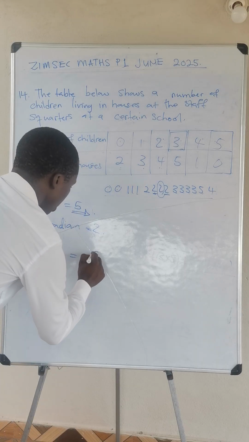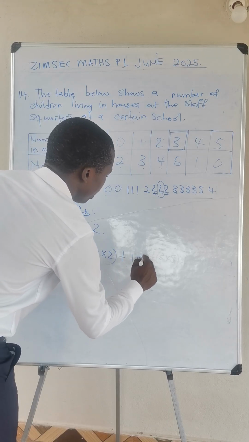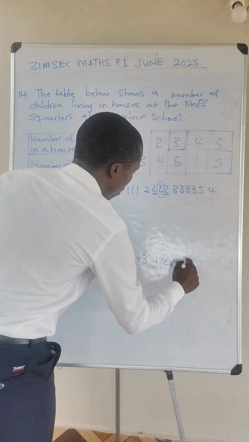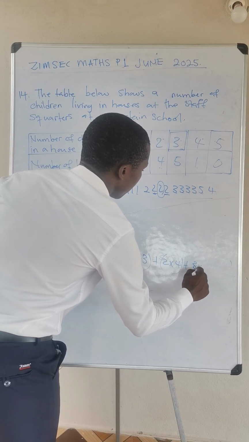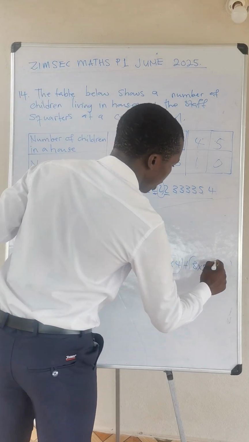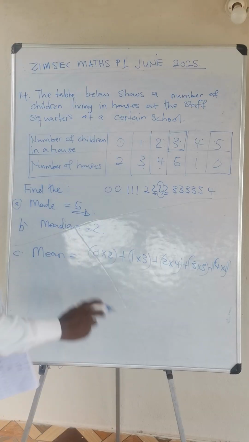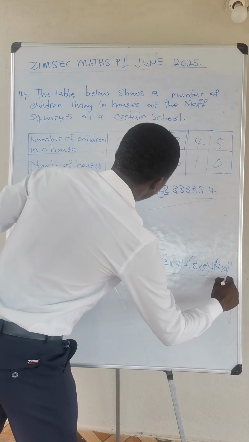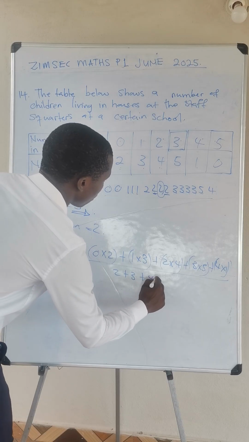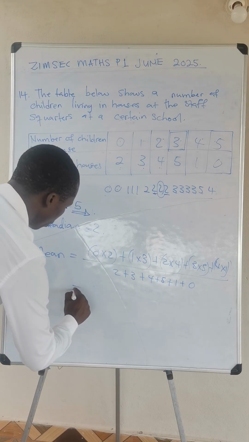So here we say 0 by 2 plus 1 by 3 plus 2 by 4 plus 3 by 5 plus 4 by 1, then 5 by 0 is automatically 0, over 2 plus 3 plus 4 plus 5 plus 1 plus 0.